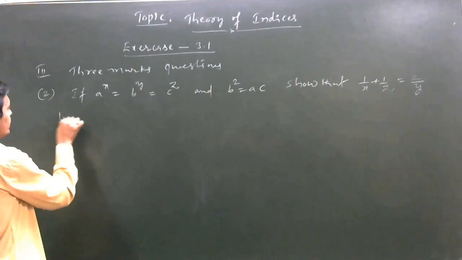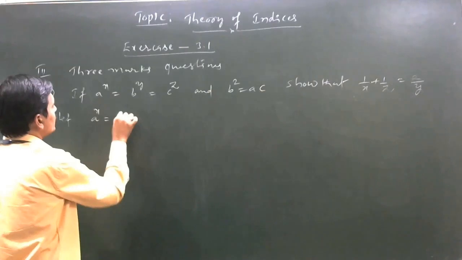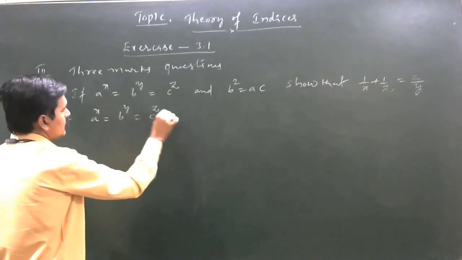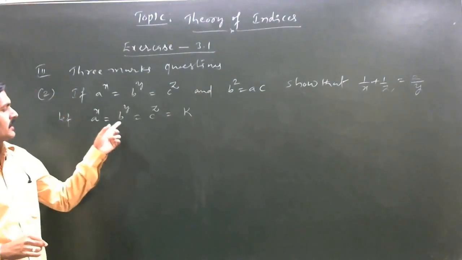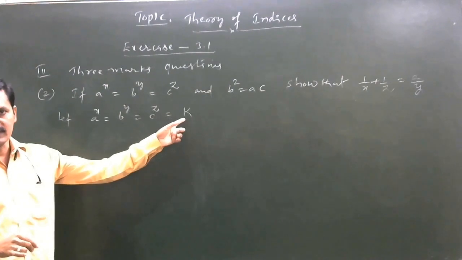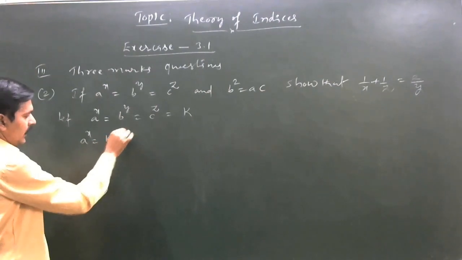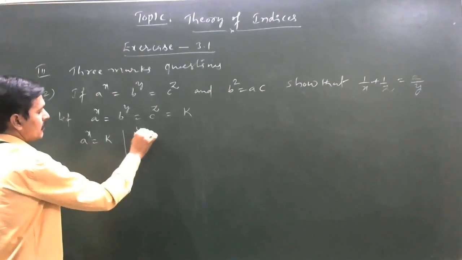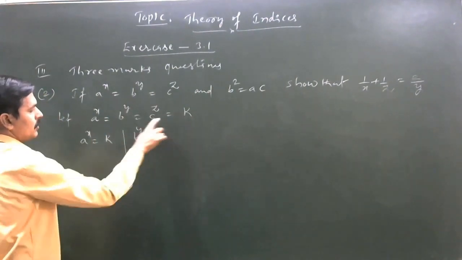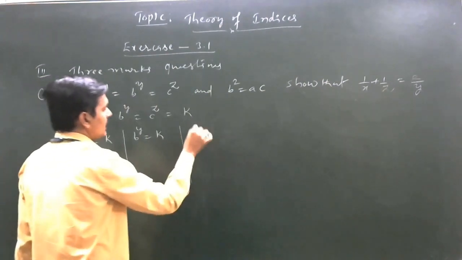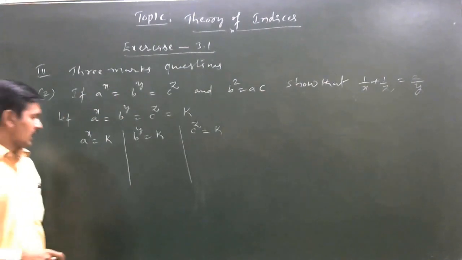First, let a power x be equal to b power y, which is equal to c power z. Let us consider this equal value as k. So a power x equals k, b power y equals k, and c power z equals k.